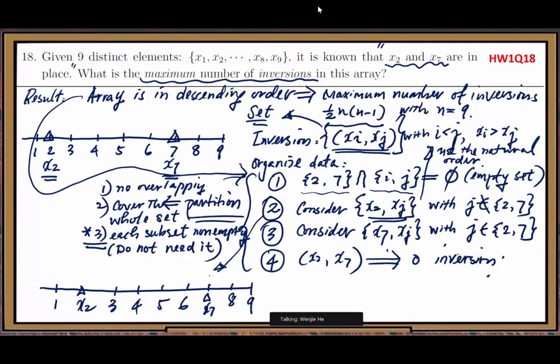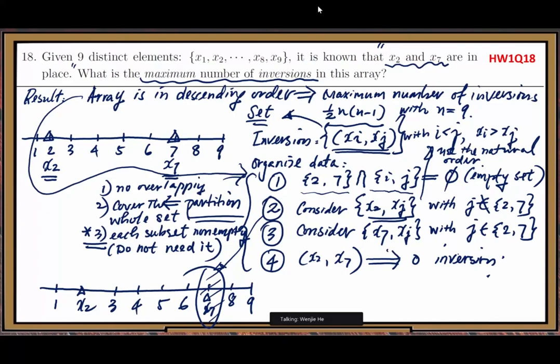But x7 we can remove, because when we look at subset number 2, we can ignore x7, since that subset does not contain any pair containing x7. So we cross it out temporarily.